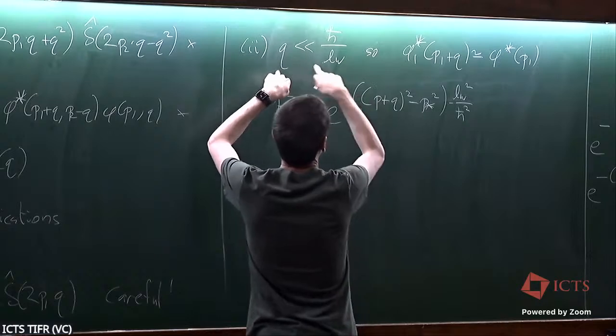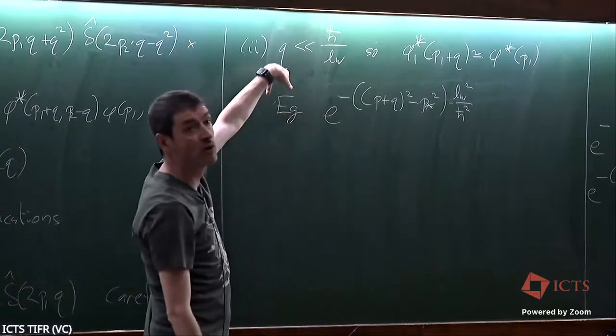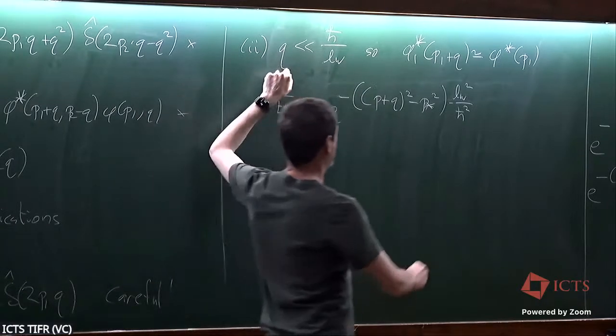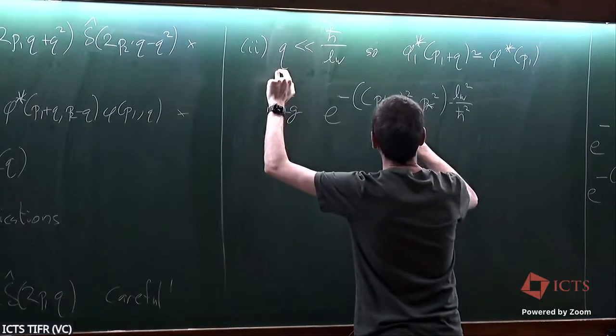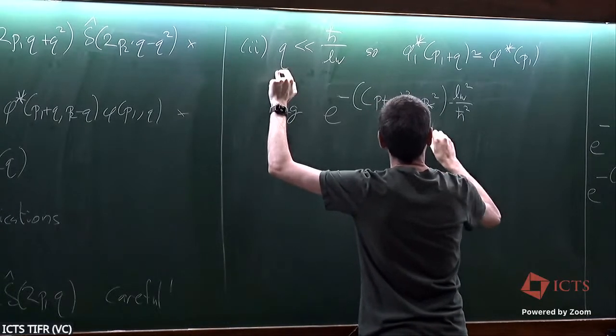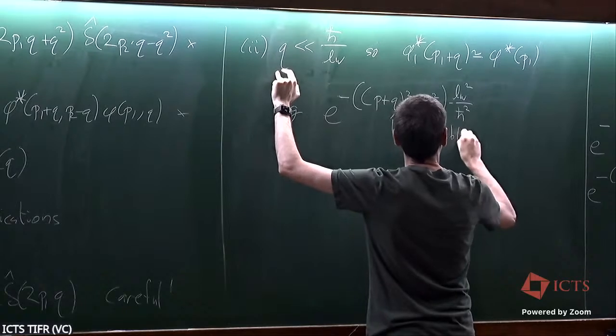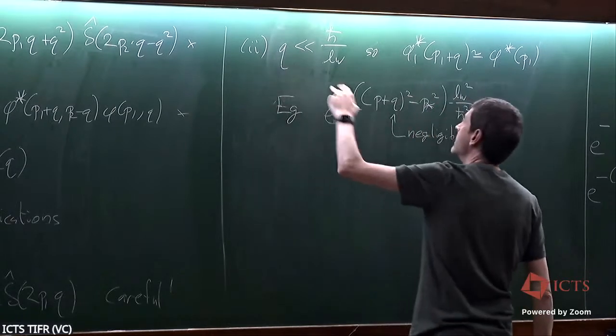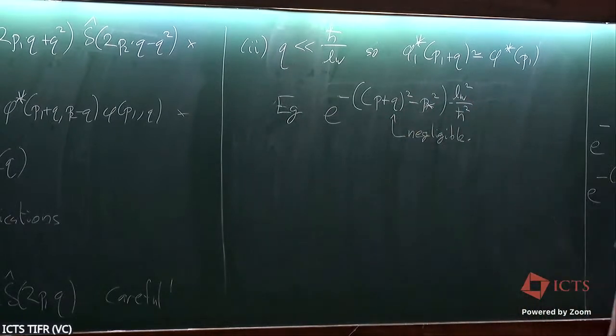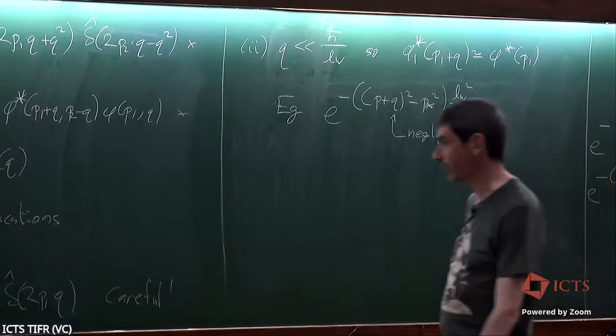But q LW over h bar is very small compared to 1. So this q here is negligible. And indeed, the corrections are exponentially suppressed. So this particular approximation is a good one.